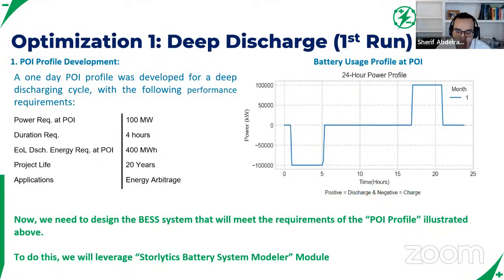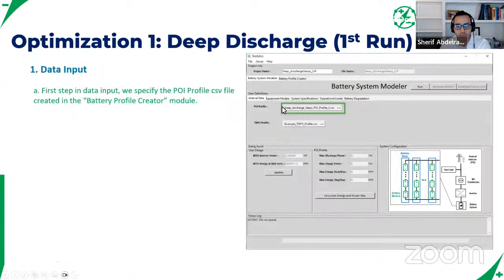In this first section, we're basically setting the usage profile in the simulation. We're using the one Moemen went over in the first section from the battery profile creator. Now that we have this, we input that into the POI profile input as a CSV.